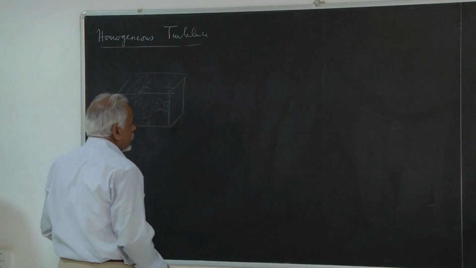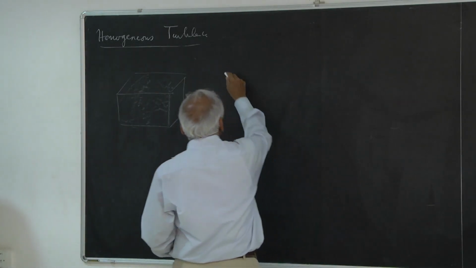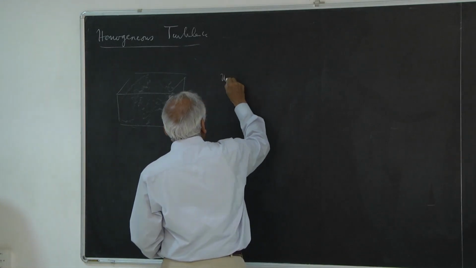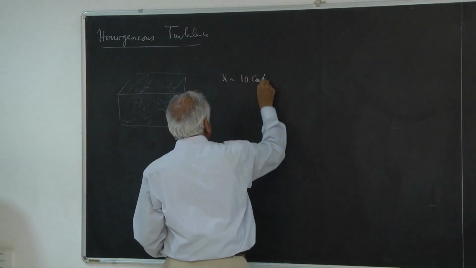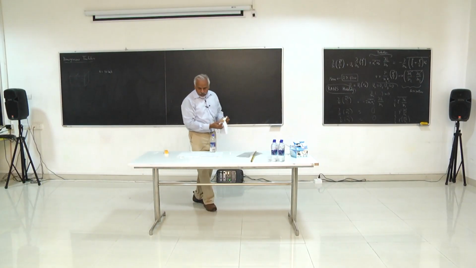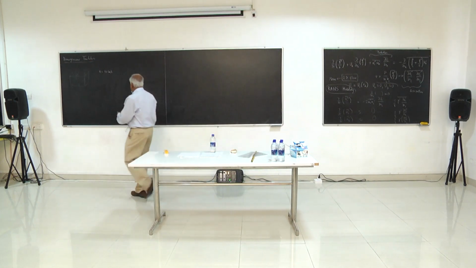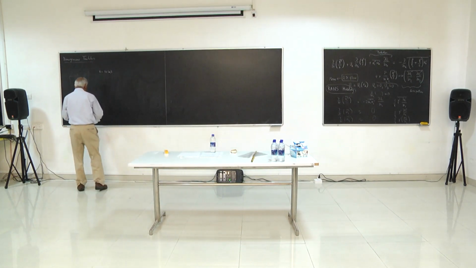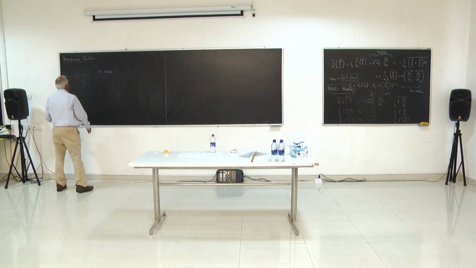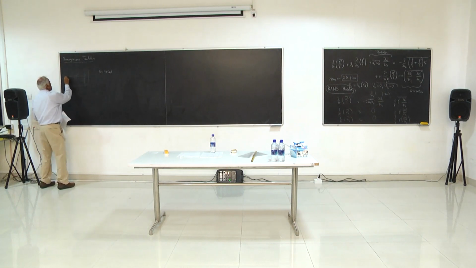So let's say I have an RMS velocity of the order of 10 centimeters per second by shaking this box. Somehow I have made it like that. So 10 centimeters per second is the velocity.